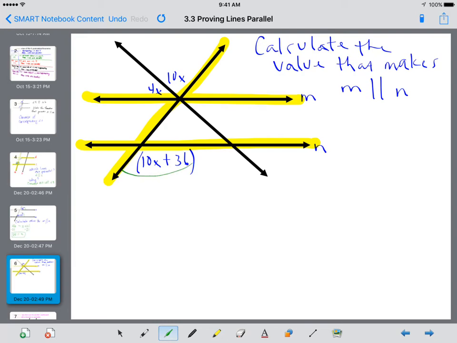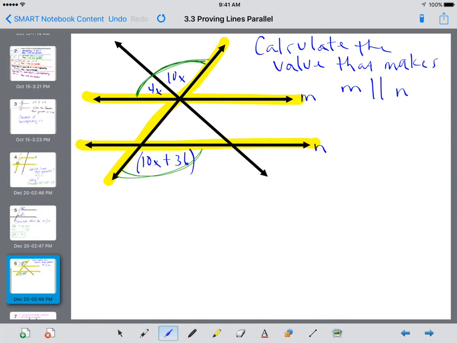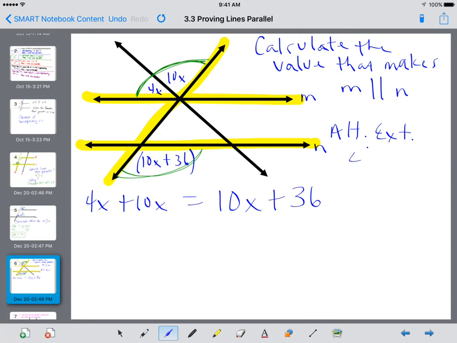So I see one big angle here for 10x plus 36, and I see one big angle for 4x and 10x. So if I combine those, 4x plus 10x, that's the big angle there, it should equal 10x plus 36 because alternate exterior angles are congruent.